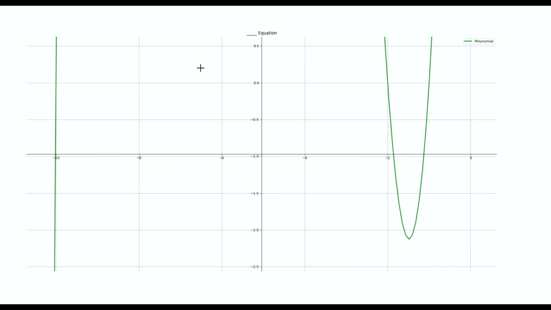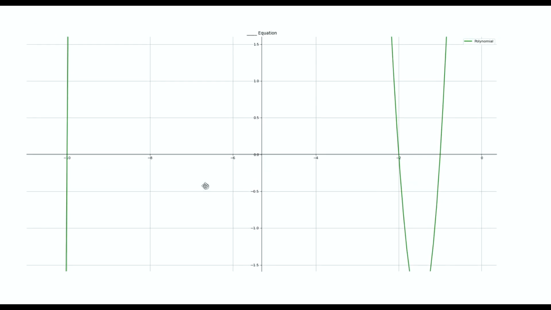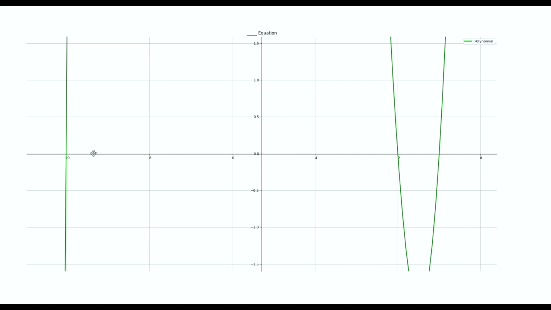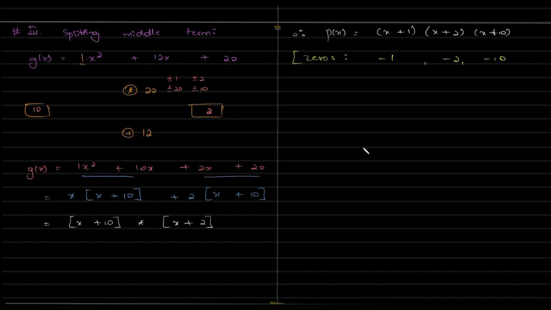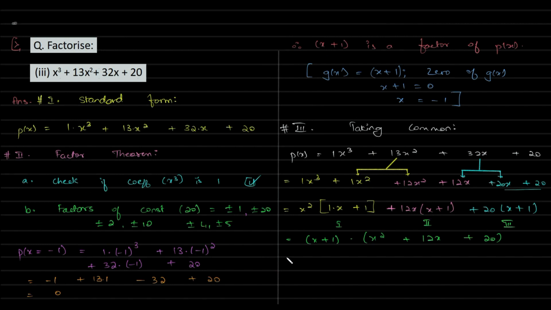Your x-axis is over here. So minus 10, minus 2, and minus 1 is between minus 2 and 0. You can see the graph is going up, somewhere over there down, and up again. So it's crossing 3 different points and it's curving 2 times. Again, all this is extra knowledge, and this is your answer.